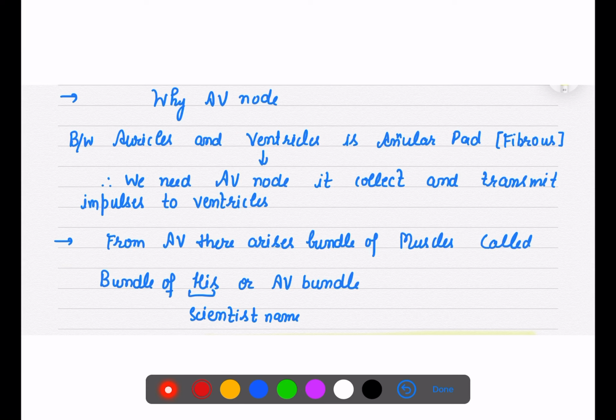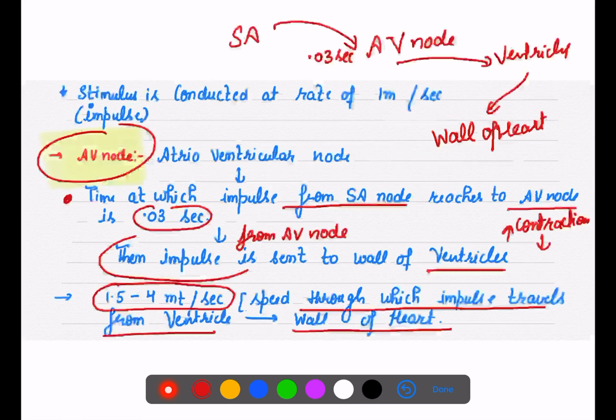But actually between the auricles and ventricles there is a fibrous tissue present, a fibrous ring known as the annular pad.